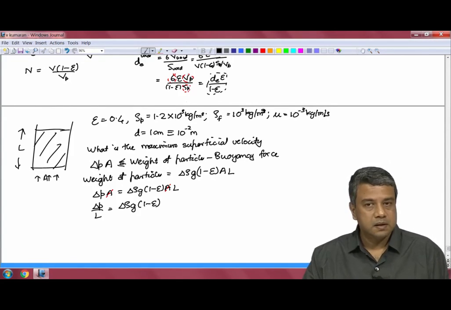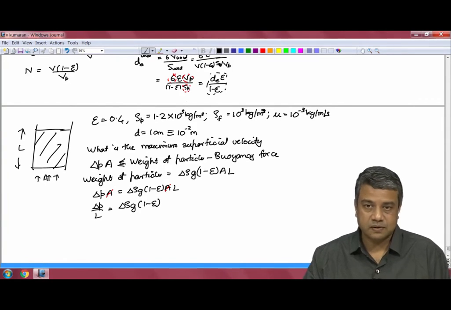So, this is the condition under which the weight of the particles is exactly equal to the applied force, the pressure difference times the cross sectional area.